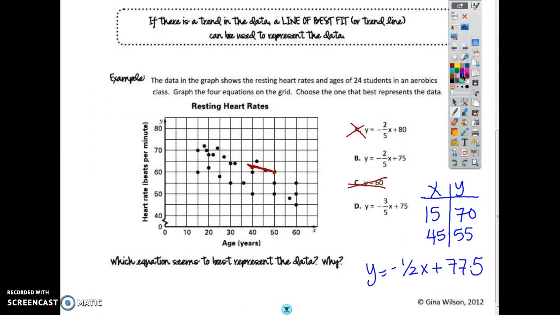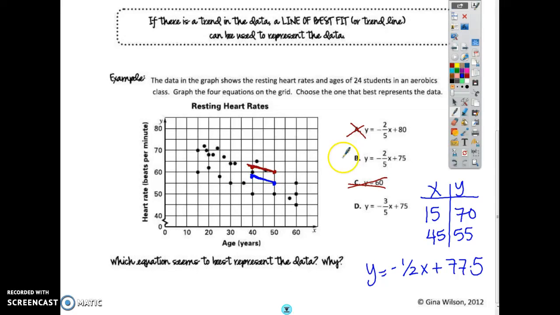So I'm going to use a different color. 40, 59, and 50, 55. If I connect these 2 points, does that look like that would be my line of best fit? It's a little more in the middle, right?